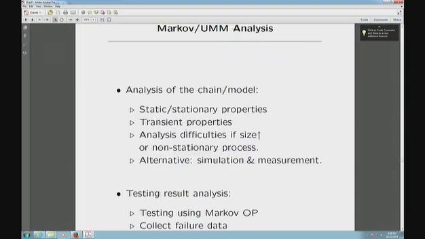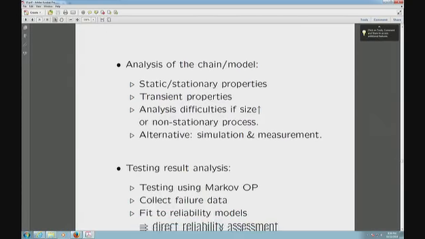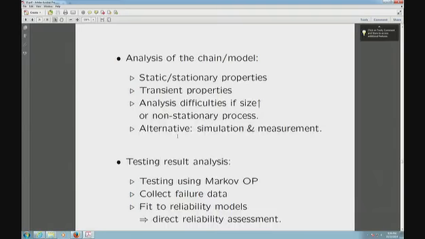Okay, so once you have the chain, you can do some analytical things about this. For example, you look at the chain, what kind of property, what kind of chain this is. We mentioned recurrent Markov chains versus the transient Markov chains, or absorbing Markov chains.